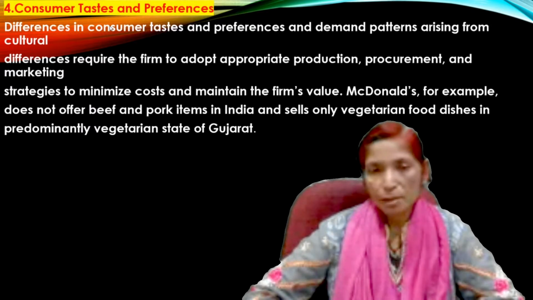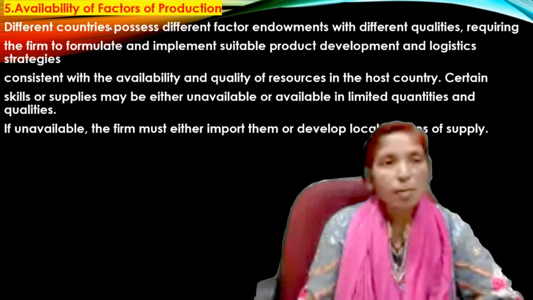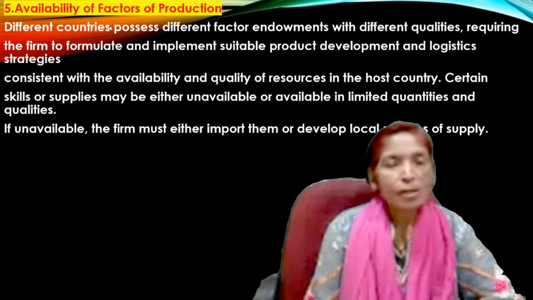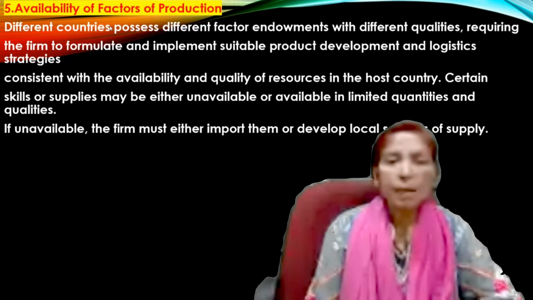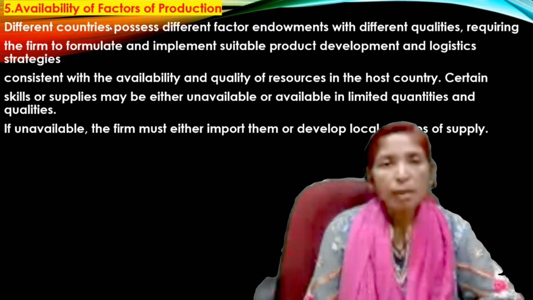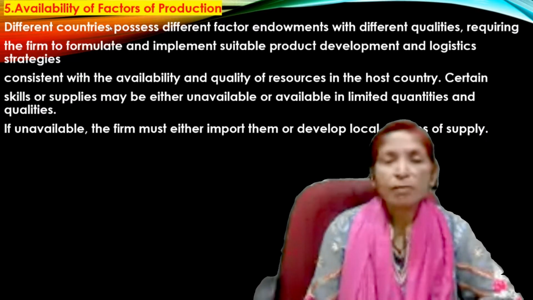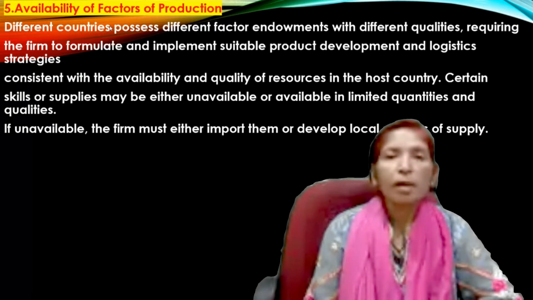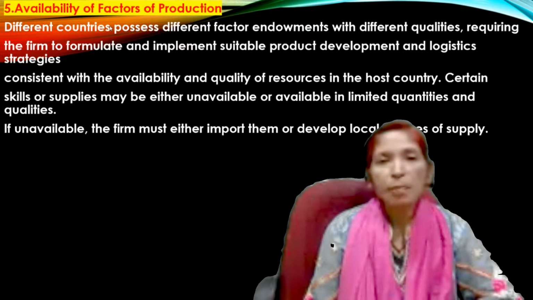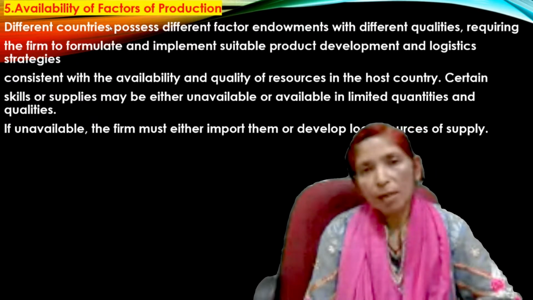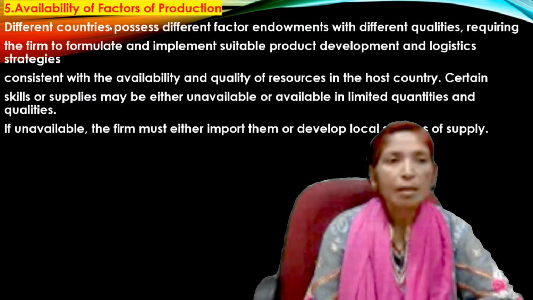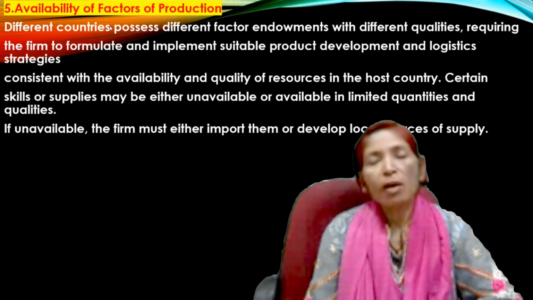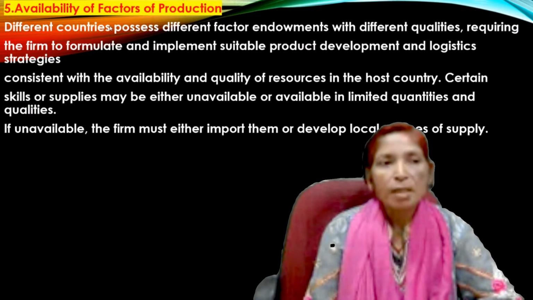of production also. Next point is availability of factors of production. Factors of production are generally four: land, labor, capital, and entrepreneur. Different countries have different factor endowments with different qualities, requiring the firm to formulate and implement suitable product development and logistic strategies consistent with the availability and quality of resources in the host countries.